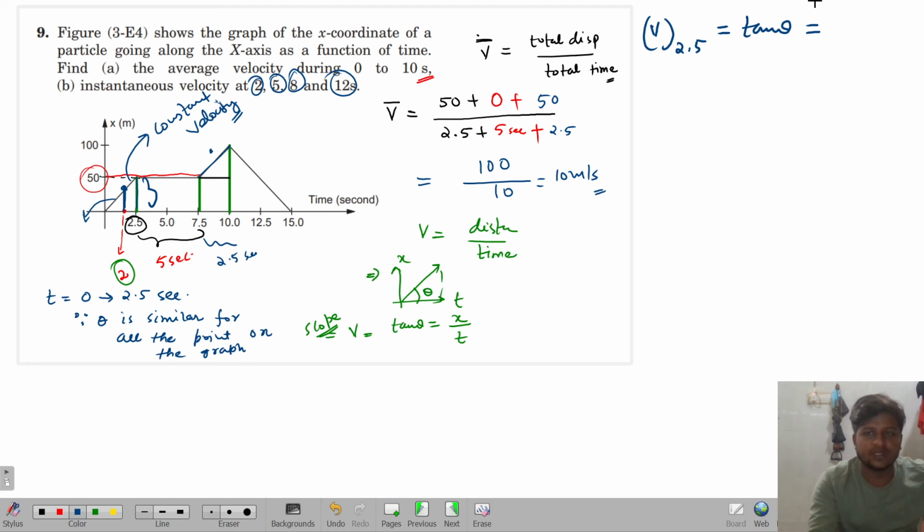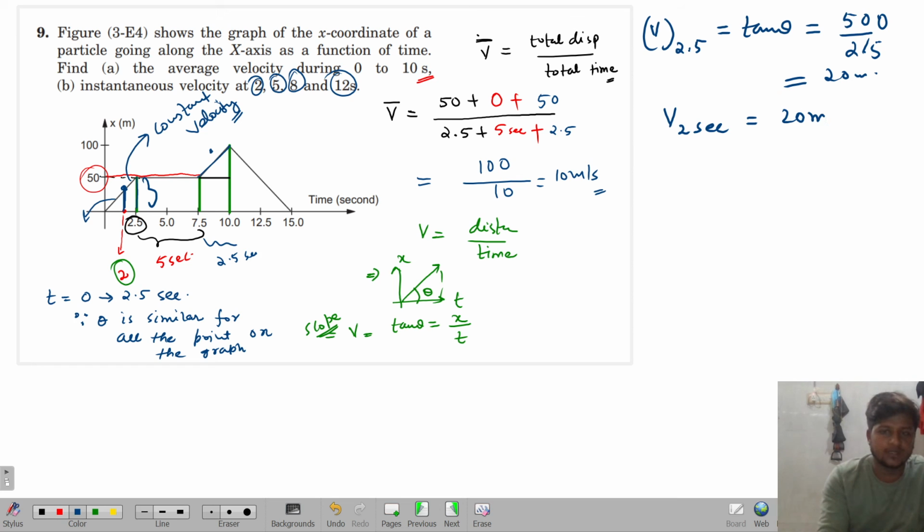Perpendicular is how much? 50. Time is how much? 2.5. So 50 divided by 2.5 is 20 meter per second. Therefore, velocity at 2 seconds is nothing but 20 meter per second. Got it or not?